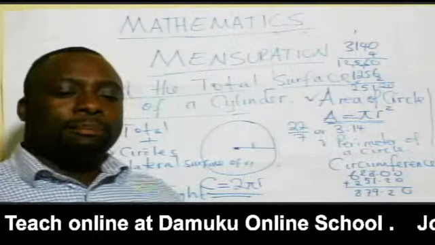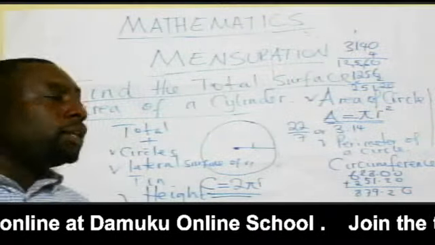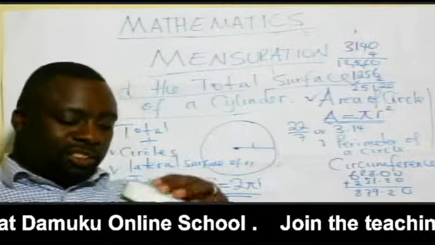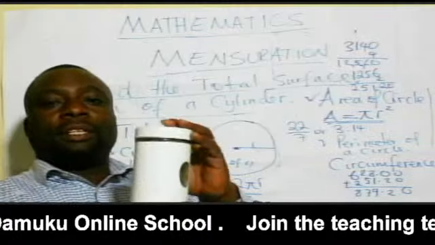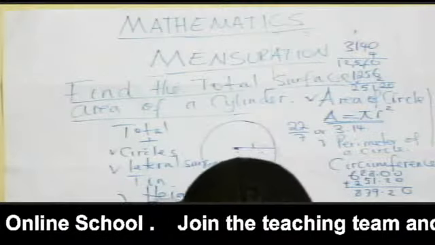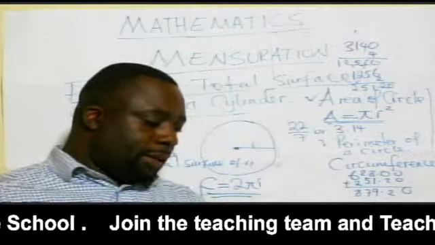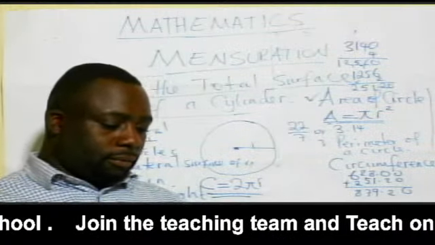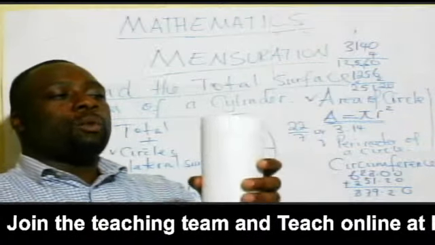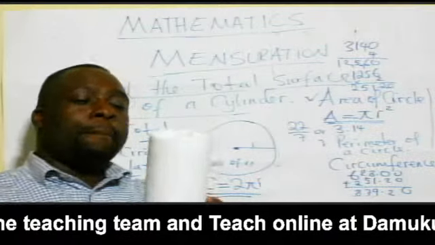So before we go deep into the topic, we're going to remind ourselves that the cylinder we're talking about is this one. All right, this is a cylinder. Now, if I was to wrap this cylinder like this, we can actually identify three important components.